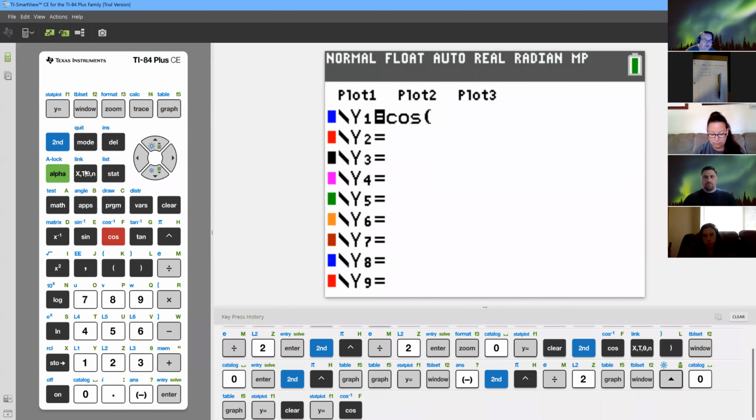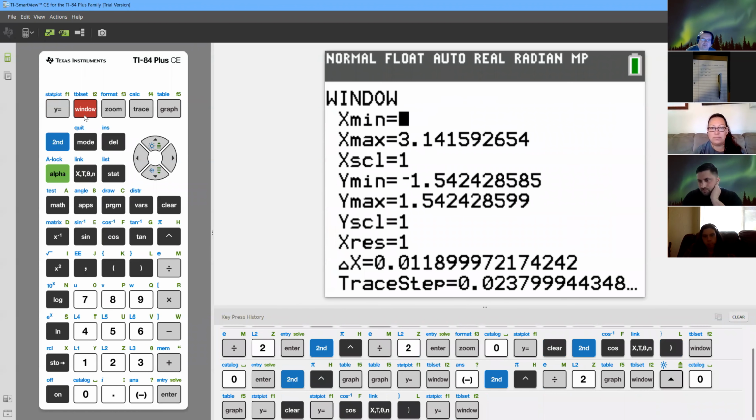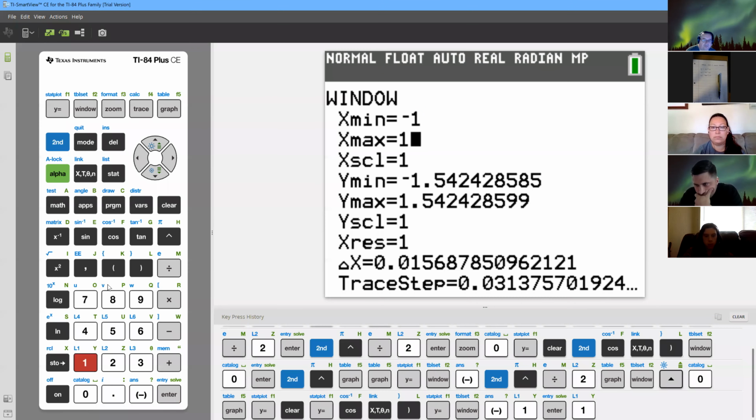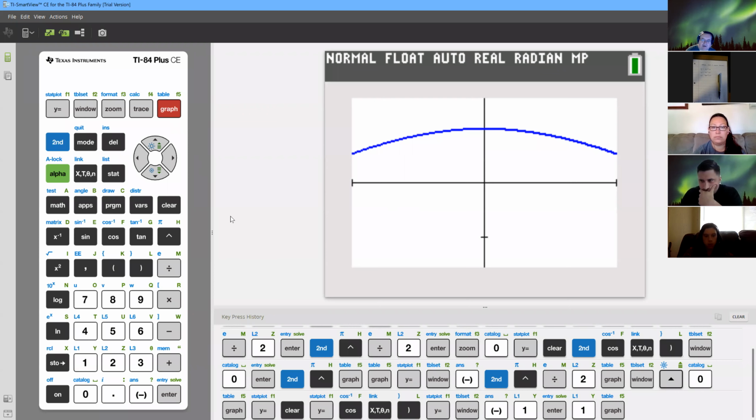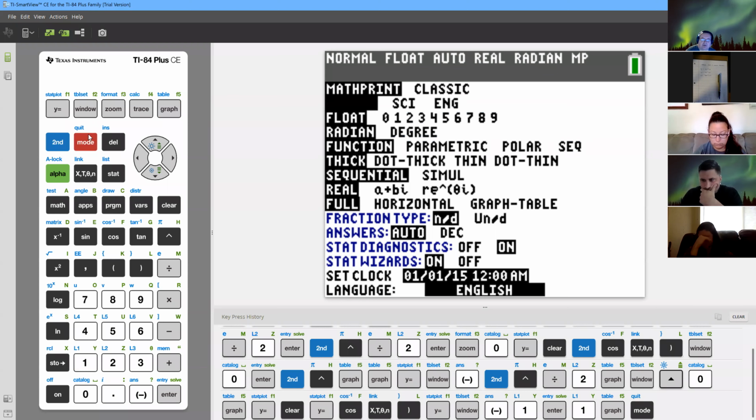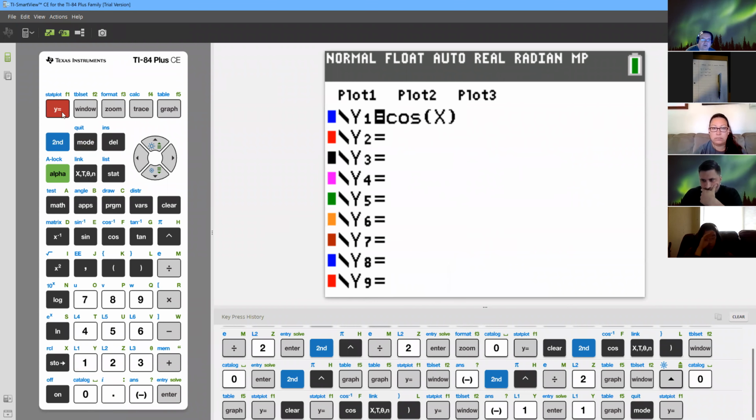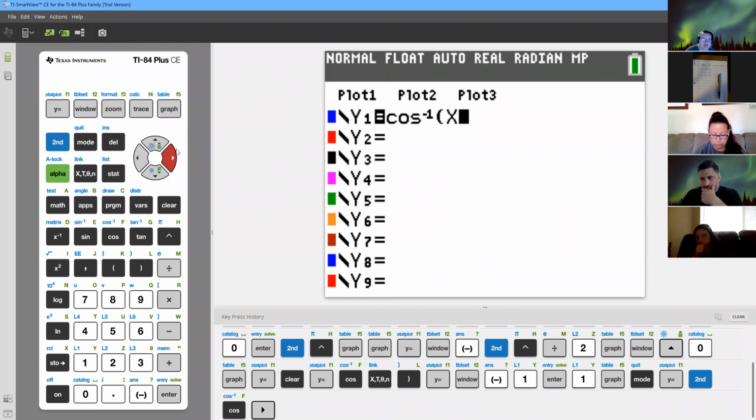I'm doing an inverse cosine, which is cool. I'm doing it from 0. What on earth is going on with my calculator? If I had a brain, I'd be dangerous.